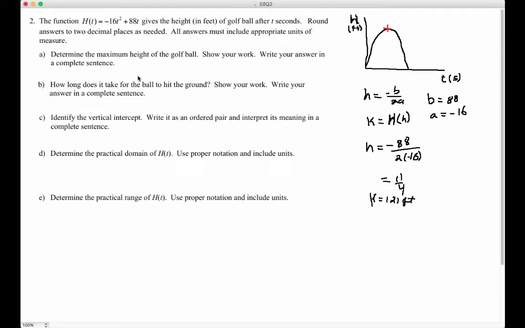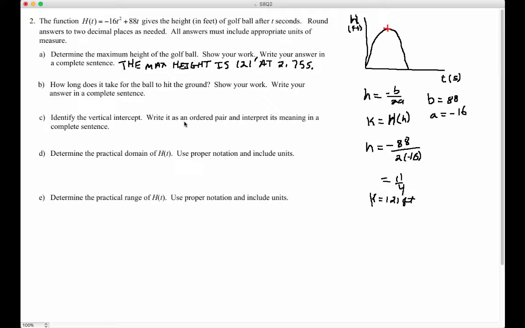Okay, so show your work, write your answer as a complete sentence. All right, well, let's do that. So the max height is 121 feet, we use a tick mark for feet, and we're going to say at 2.75 seconds.